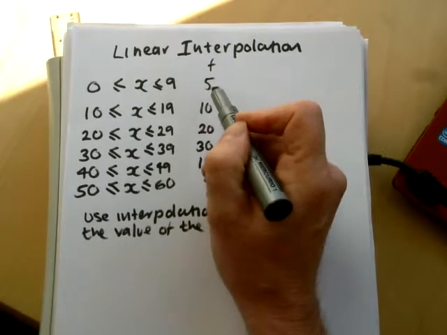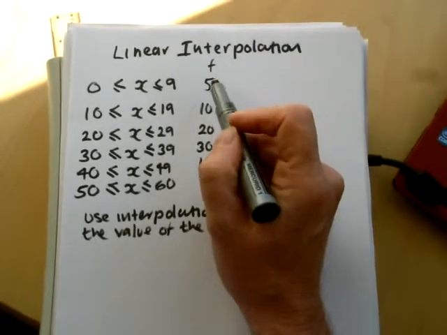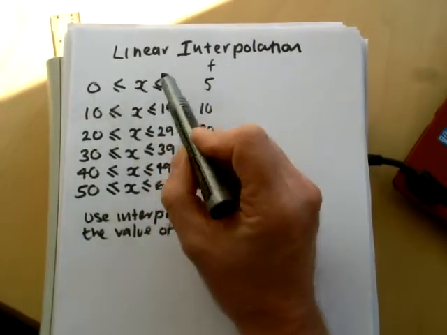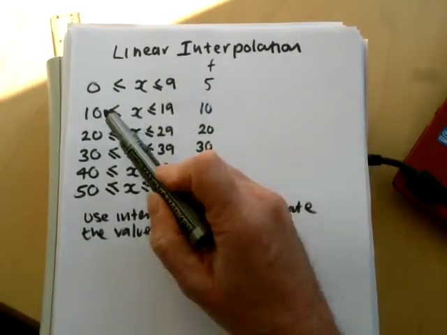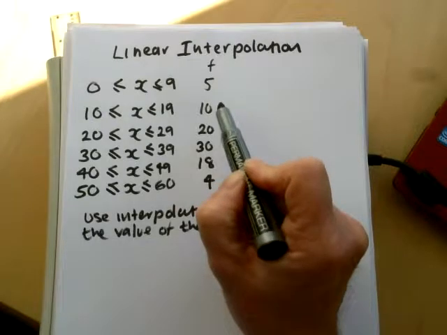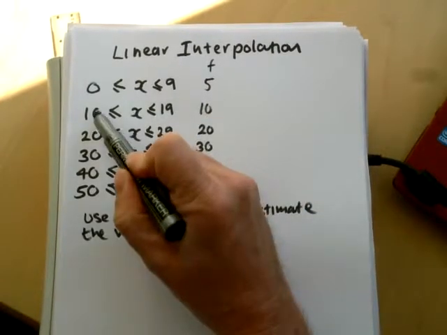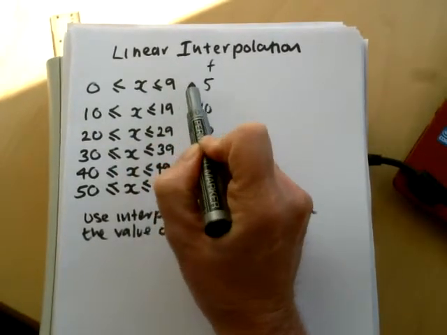We're told there are 5 twigs or branches that have a length between 0 and up to and including 9 centimetres. Then we're told that there are 10 between 10 and 19. What we'll notice is that between the 9 and the 10 there's a gap of 1, as it's a continuous scale.